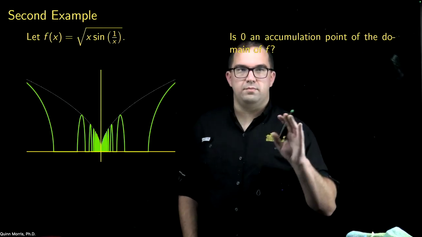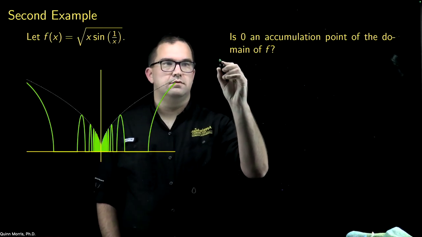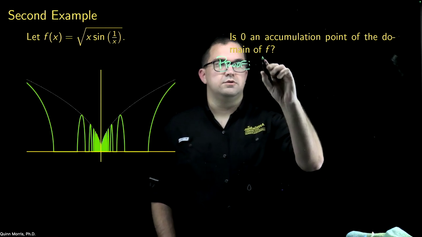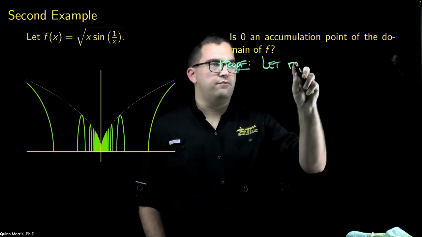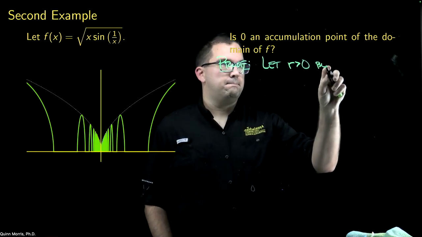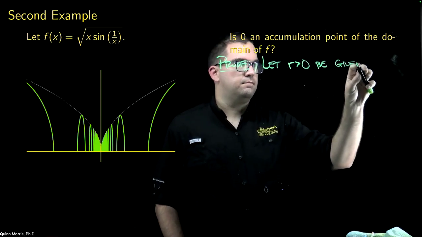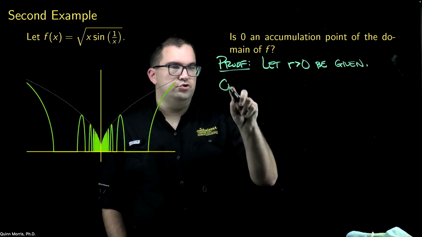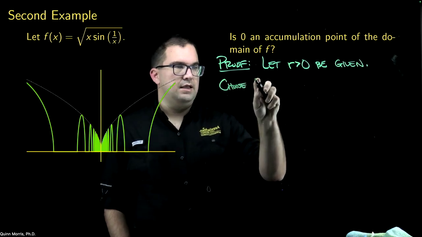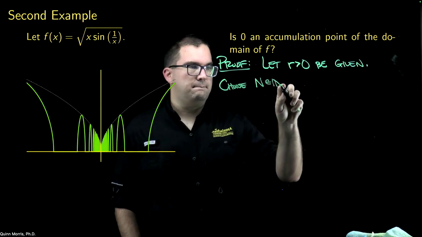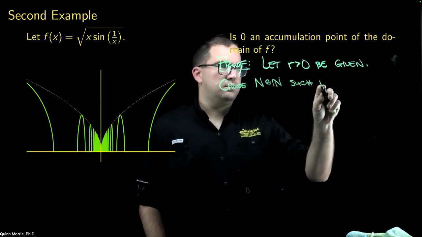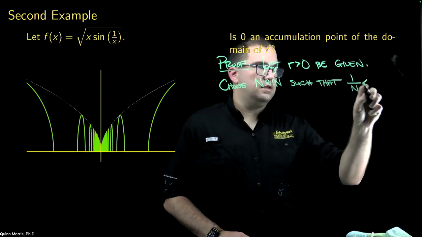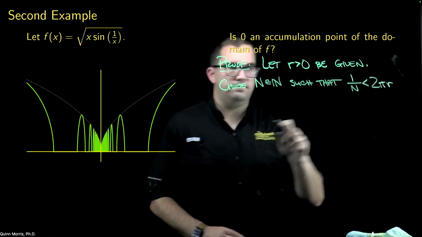All right, so now to formally write this proof. I'm going to take an arbitrary radius r. Then I'm going to choose a natural number, capital N, such that 1 over N is less than 2 pi r.